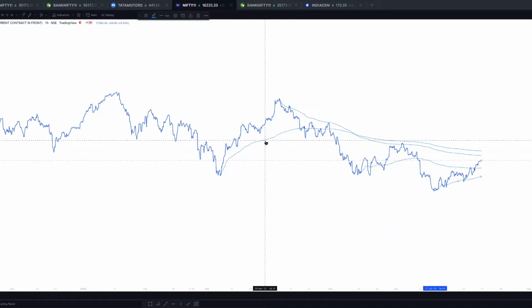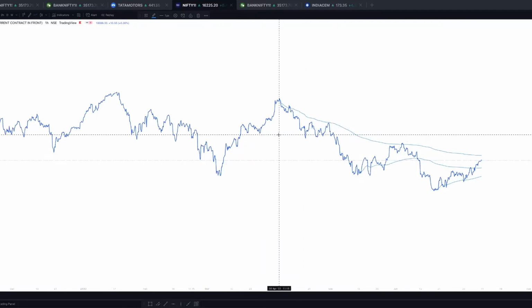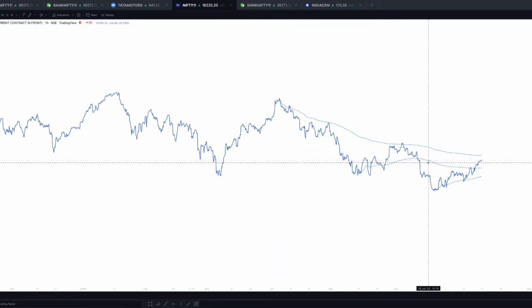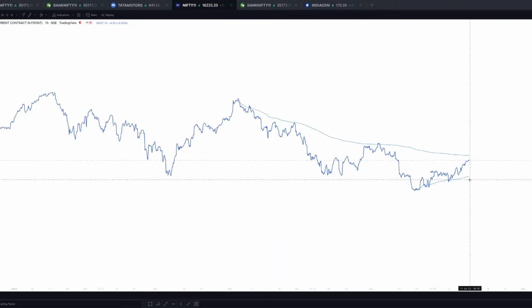In this case, price has crossed below this one, so we'll be deleting it. If you ask, yes, this has crossed over here, should we delete this? No, it is just a testing phase. Price came below this, but over here the price has gone below this, so yes, now you have to delete it. So this is our current support and resistance for Nifty.